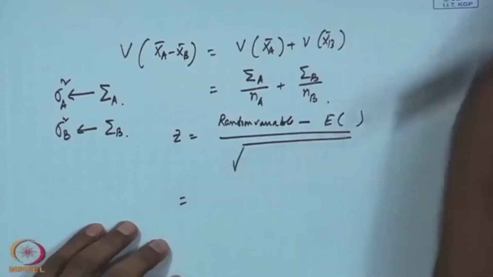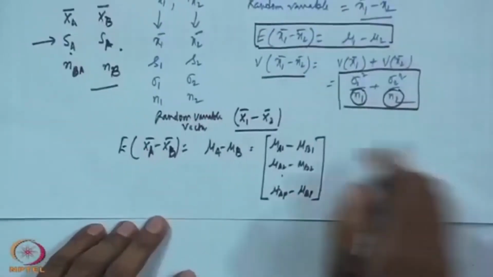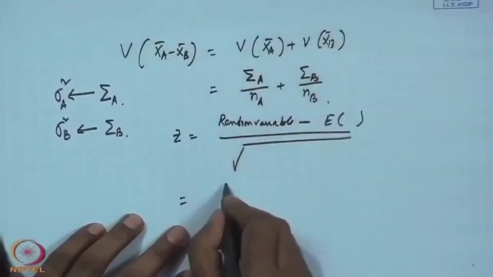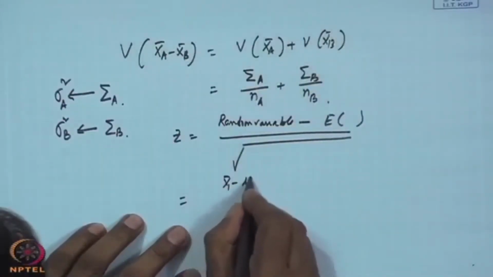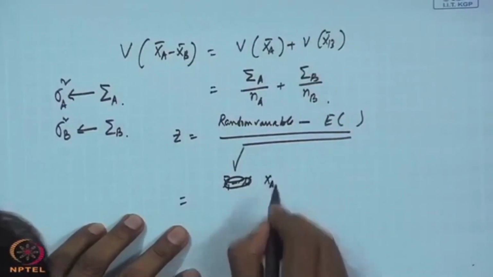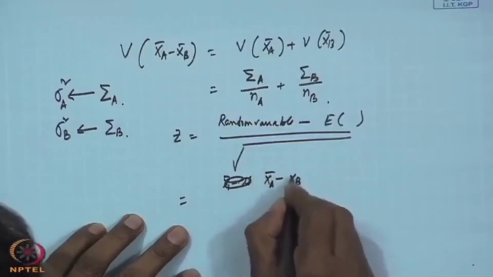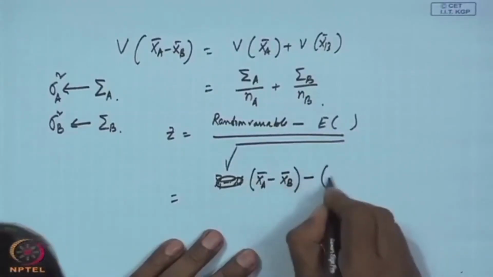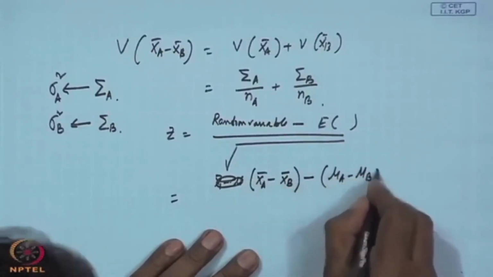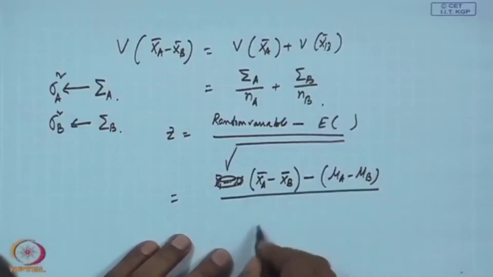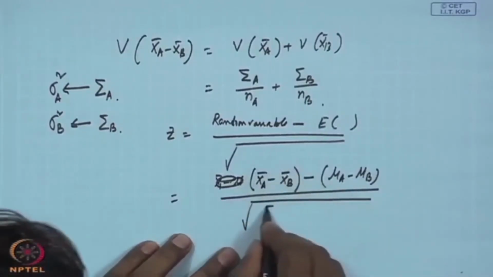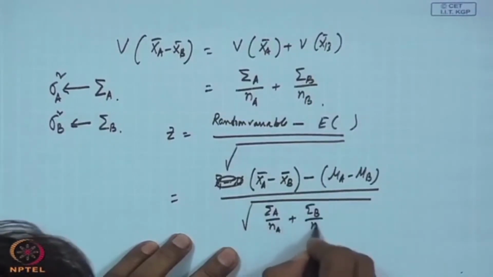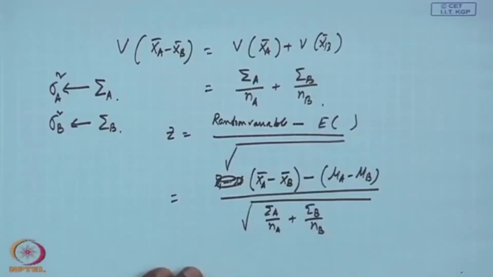So, the random variable is x1 bar minus x2 bar, that is xA bar minus xB bar, minus its expected value, mu A minus mu B, divided by the square root of the variance component, sigma A by N A plus sigma B by N B.